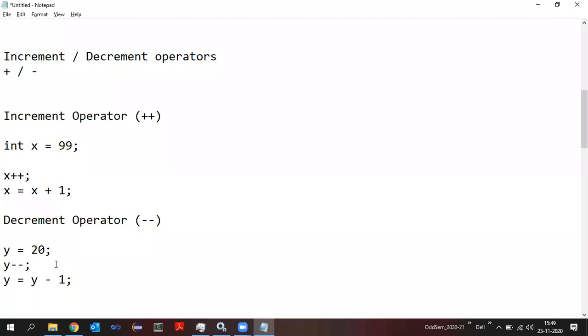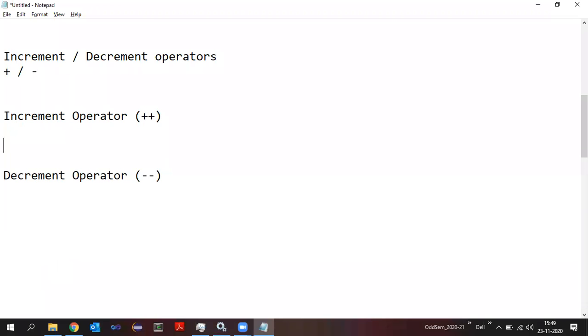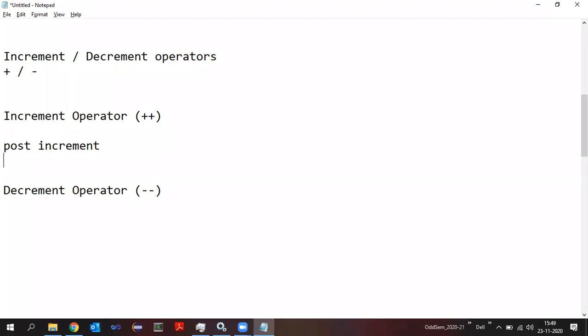Yes, sir. Okay, now in both increment and decrement, there are two sub classifications actually. The first one we call post increment, and the second one is pre-increment.